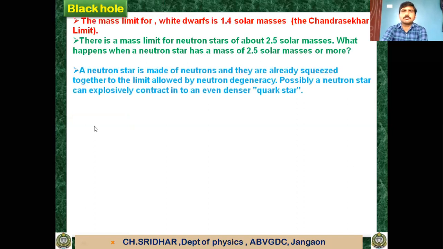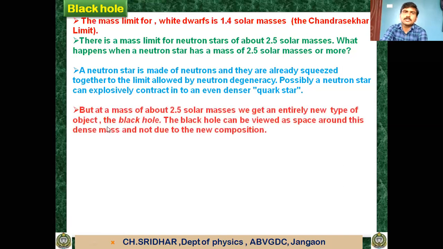A neutron star is made of neutrons, and they are already squeezed together to the limit allowed by neutron degeneracy. So possibly a neutron star can explosively contract into an even denser object called a quark star. But at a mass of about 2.5 solar masses, we get an entirely new type of object called a black hole.